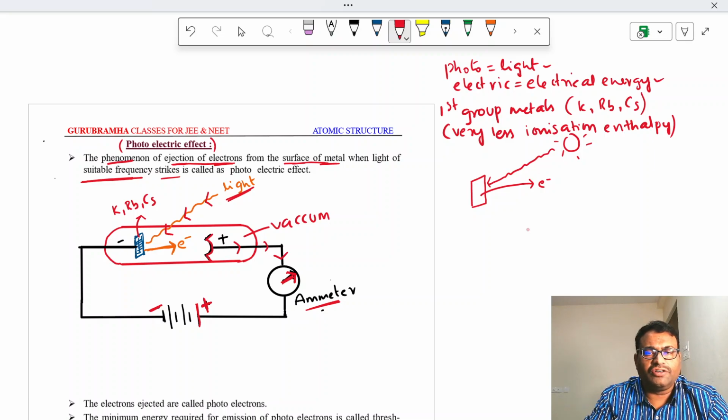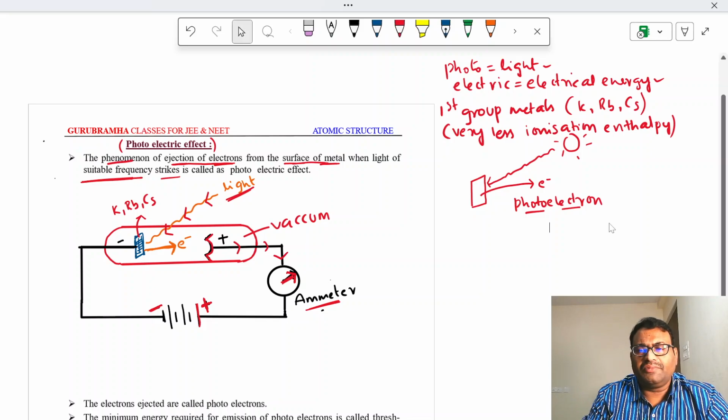So this electron ejected from the surface of the metal is called as what? Photoelectron, because this electron is ejected in photoelectric effect. So this electron which is ejected from the surface of the metal is called as photoelectron.